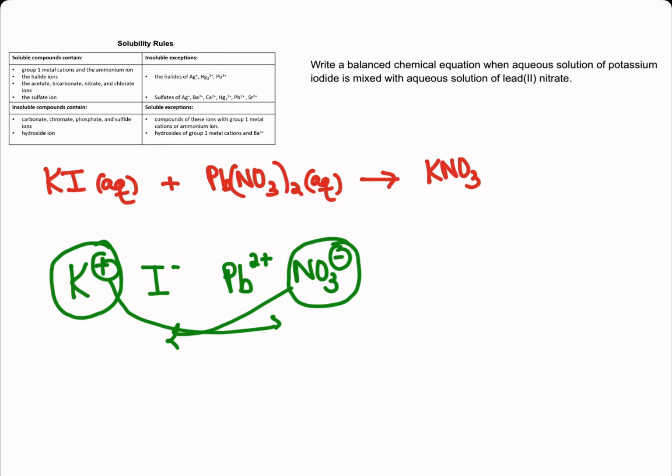I've got to use my solubility rules to figure out what the phase is for KNO3. Now it says that nitrates are soluble. Nitrates are soluble. So that means it gets the AQ symbol.